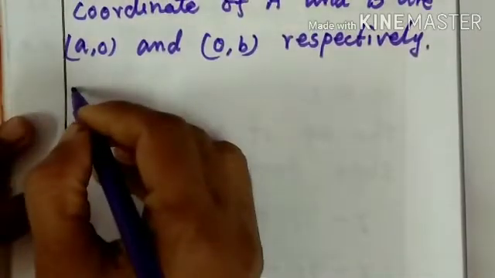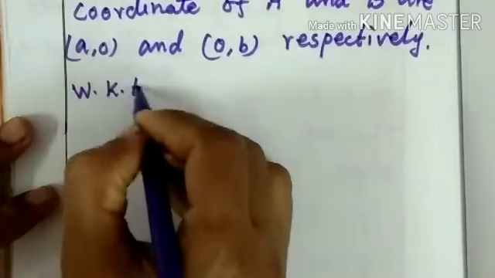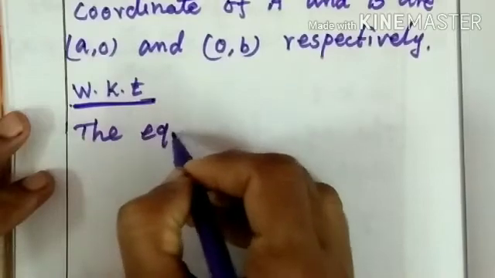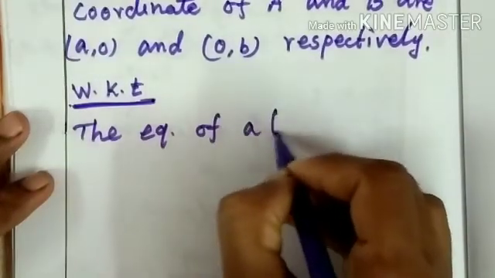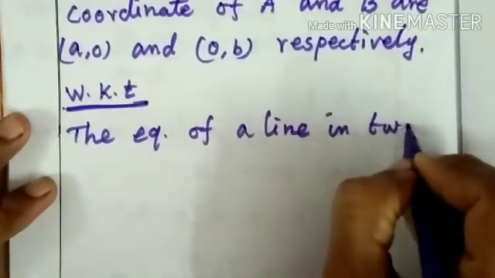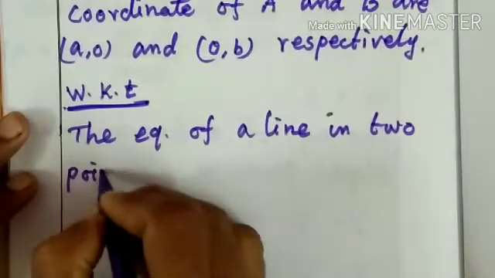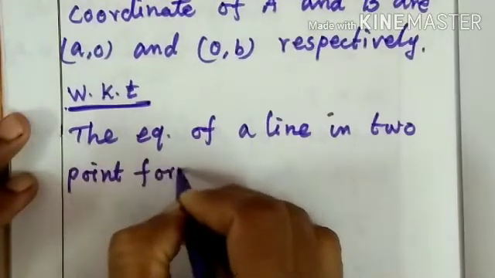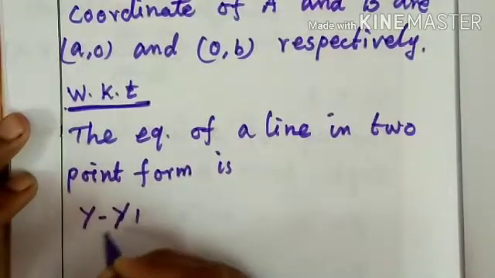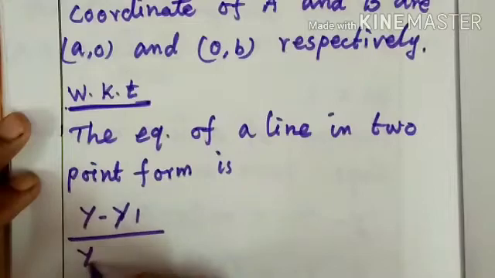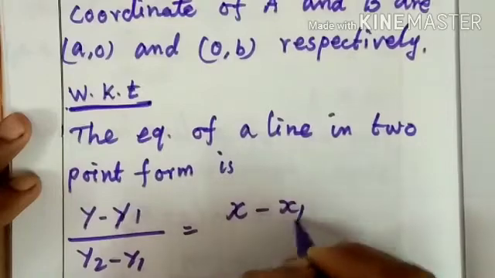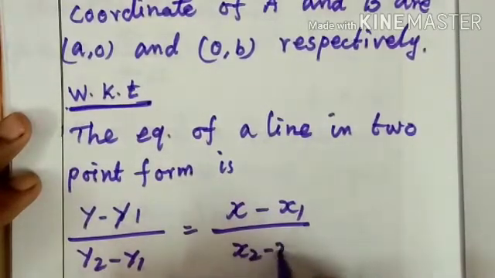We know that the equation of a line in two-point form is y minus y1 by y2 minus y1 is equal to x minus x1 by x2 minus x1.